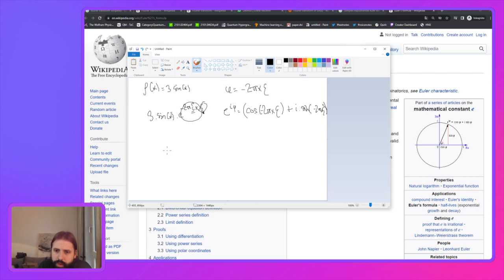Sinus is the complex part. Sine of x, which is kind of like cosine of minus 2 pi x here, right?